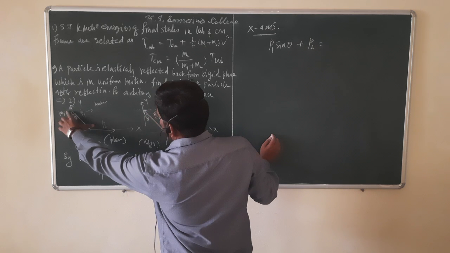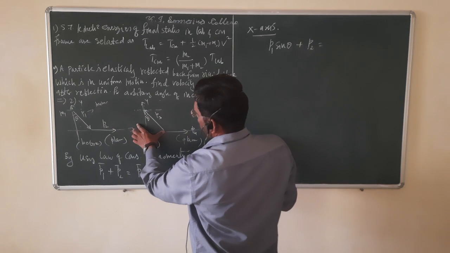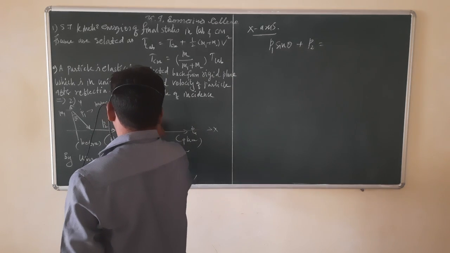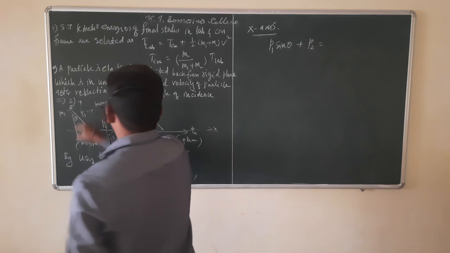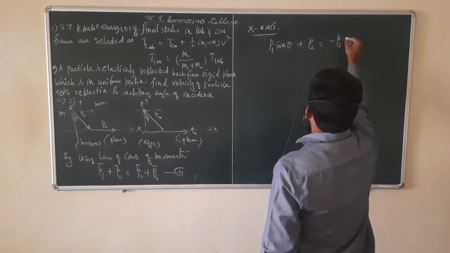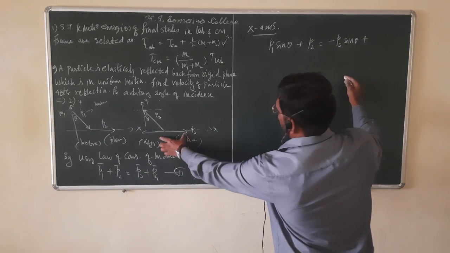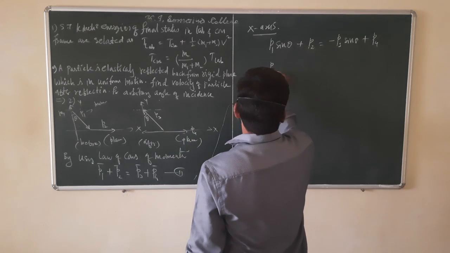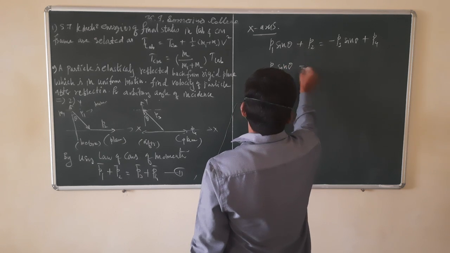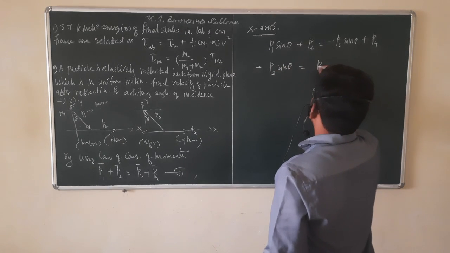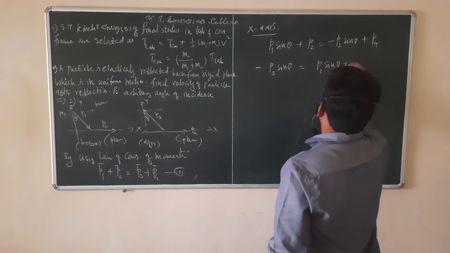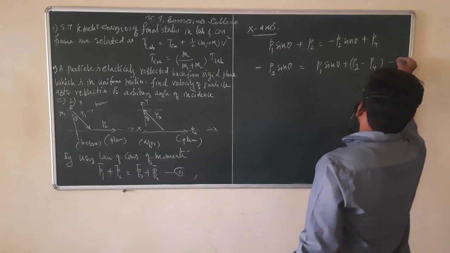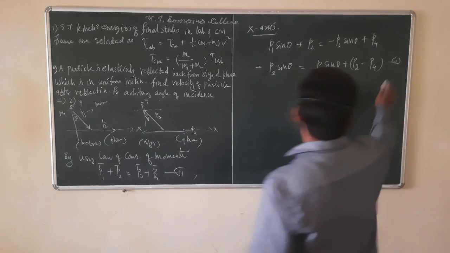After scattering, the component of this is minus P3 sine theta, because its component is opposite to this direction, plus the component of this, which is P4. From this equation we can write P3 sine theta minus P3 sine theta is equal to P1 sine theta plus P2 minus P4. We have to take this term on the left hand side. Call this equation 2.